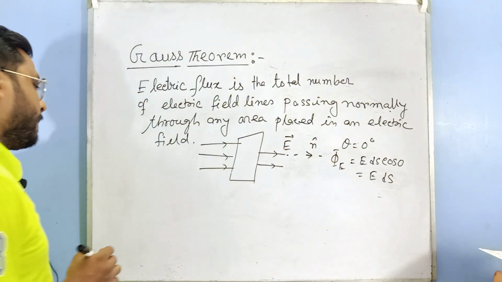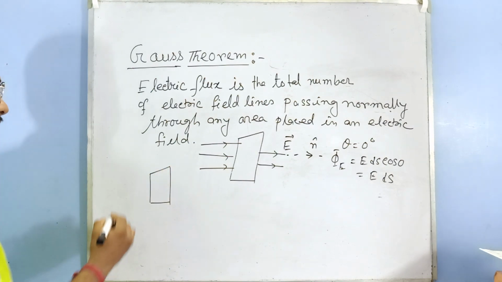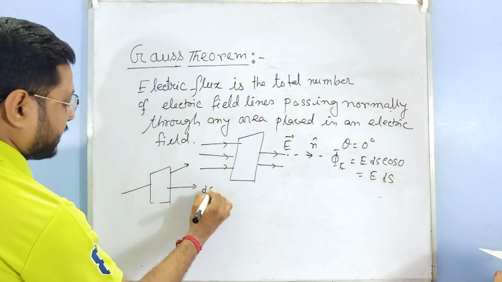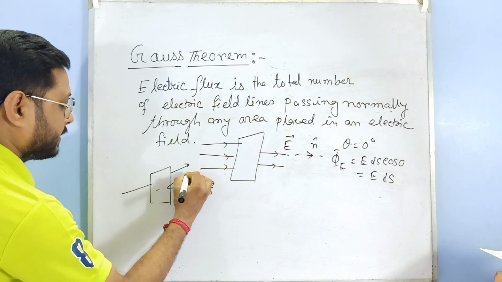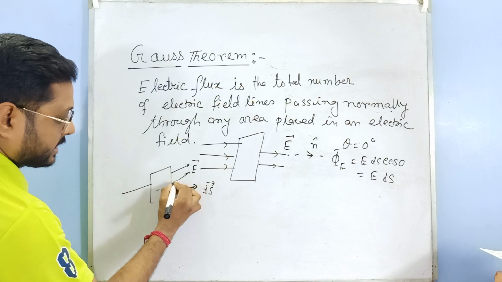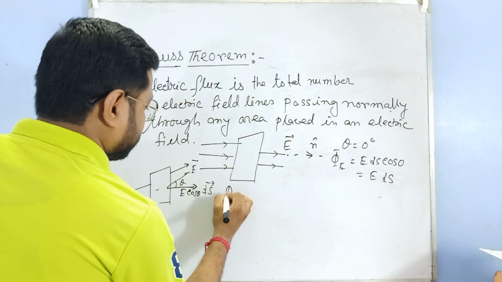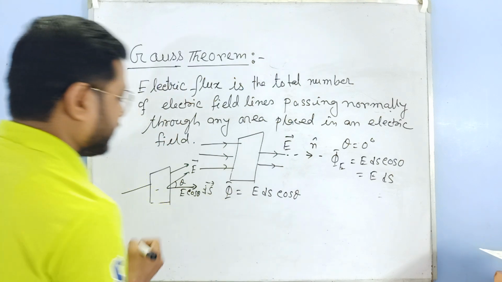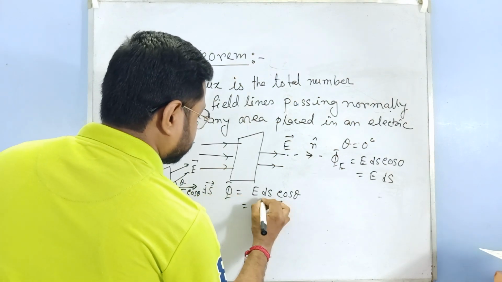Now if the electric field passes in some other direction and the area vector dS is along another, then the normal component of E along dS is E cos theta. So the flux is E dS cos theta, where theta is the angle between E and the dS vector, and this is written as E dot dS.